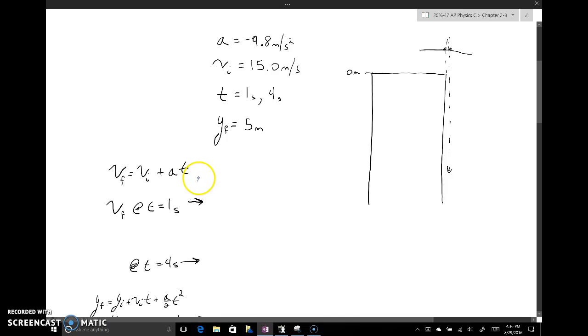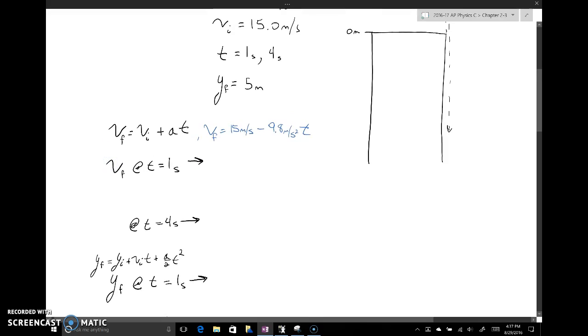So for our final velocity in the y, our initial velocity was 15 meters per second minus 9.8 meters per second squared times time.